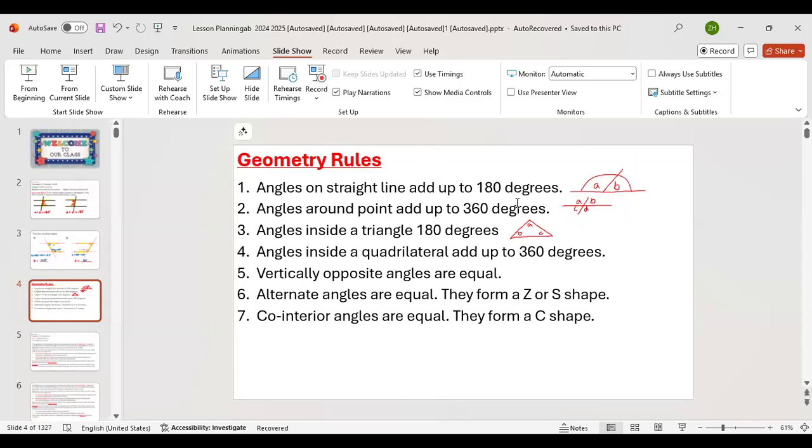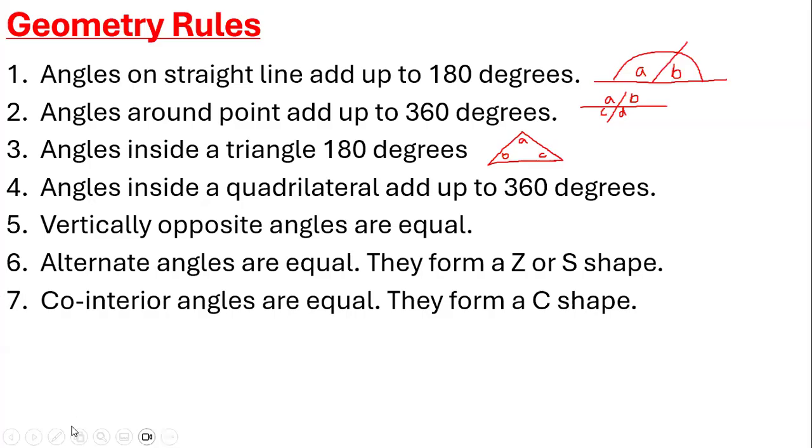They form a Z or S shape. Quadrilaterals. So that's like a box. So A, B, C, and D.